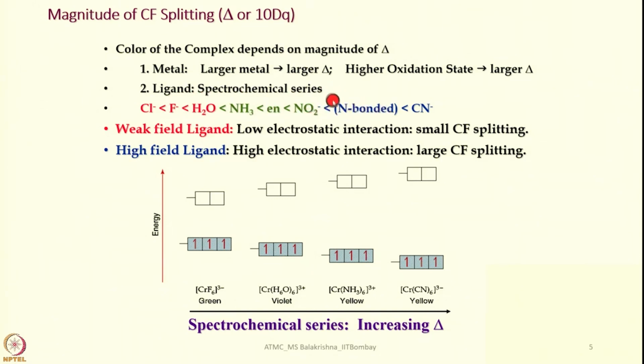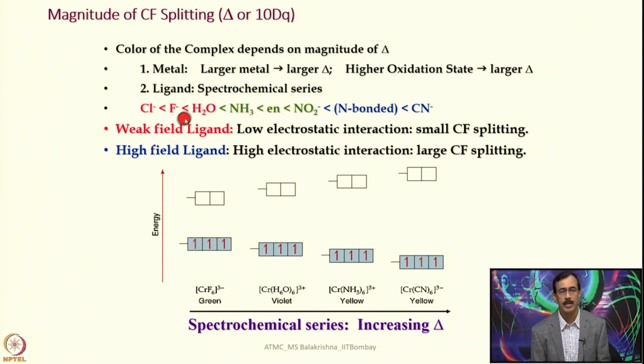I will be giving a consolidated spectrochemical series much later, and if you see here, among them chloride is the weakest ligand, and then fluoride comes, then water comes, and then ammonia, ethylenediamine and nitro N-bonded one, and the cyanide. So, here crystal field stabilization is also increasing, and the ligand field strength is also increasing.